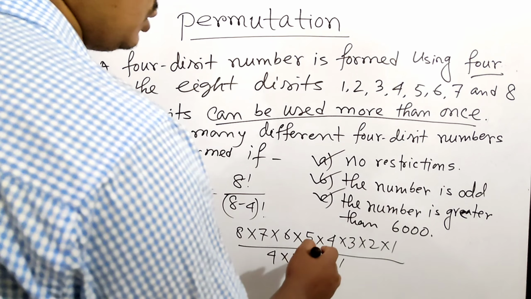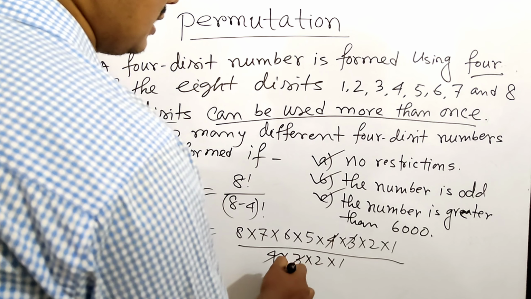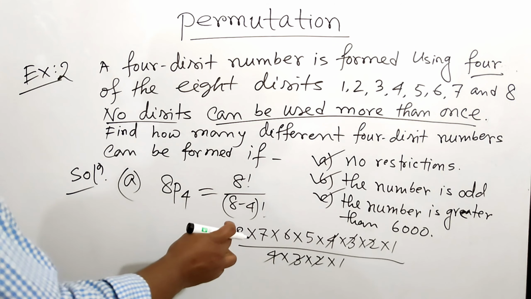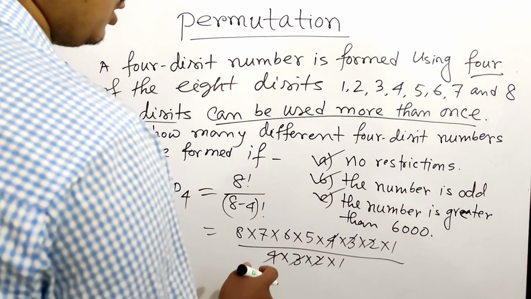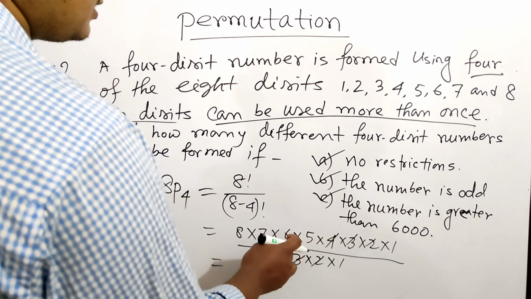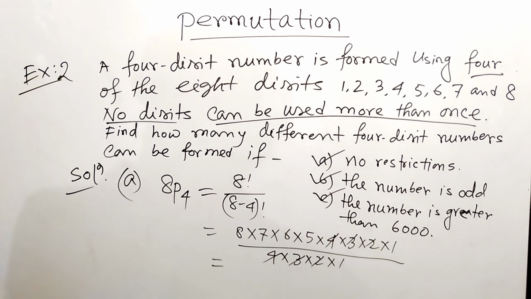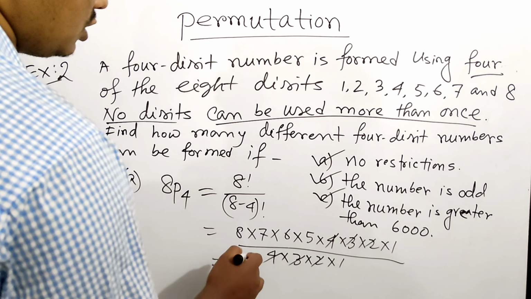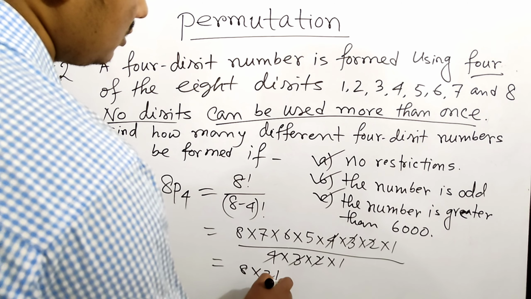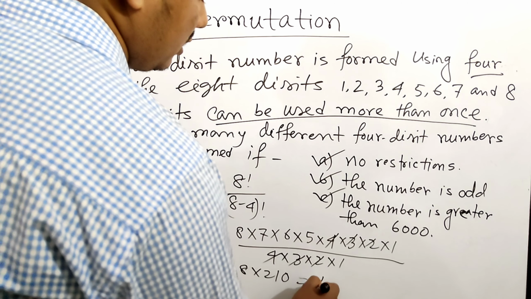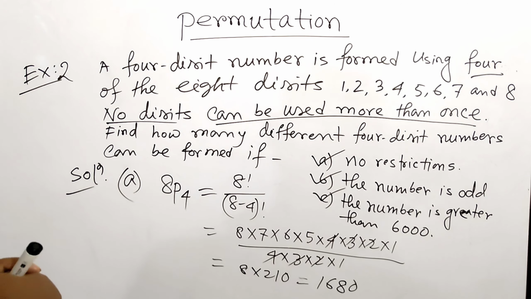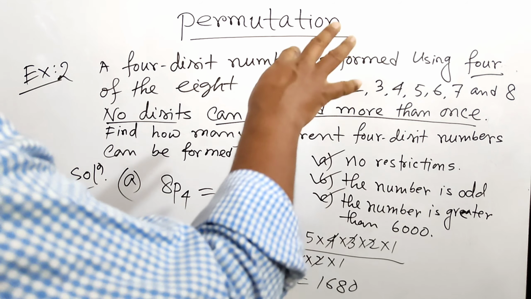If you cancel these, the remaining is 8 times 7 times 6 times 5. Now 5 times 6 is 30, and 7 times 30 is 210. Multiplying 8 and 210, it should be 1680.